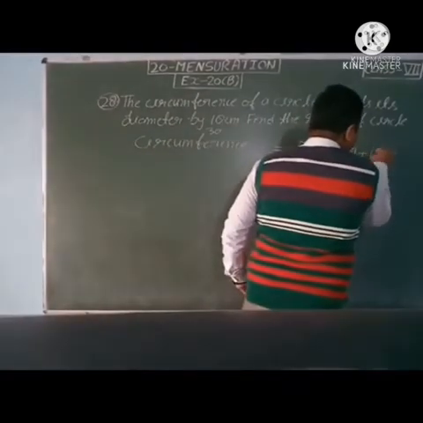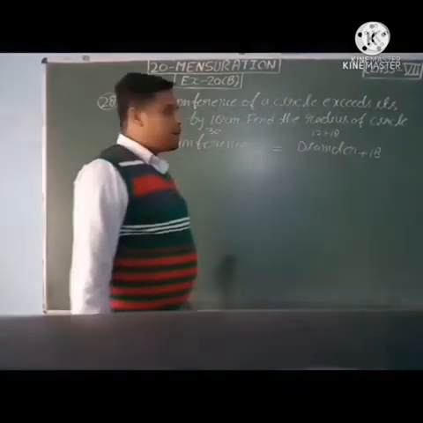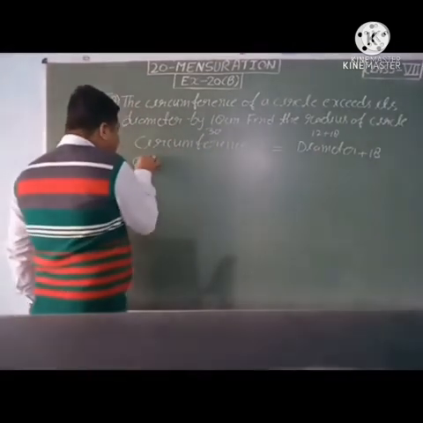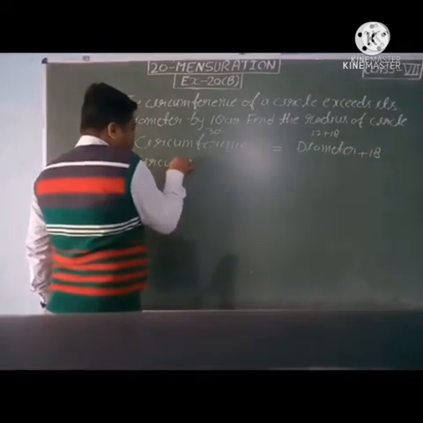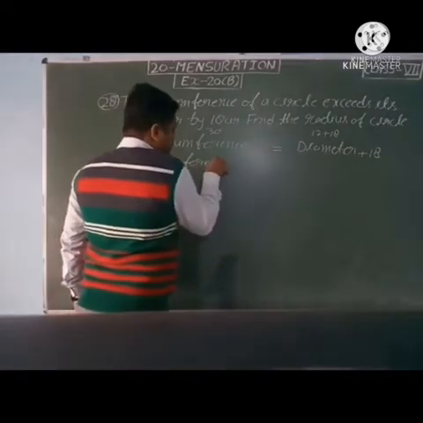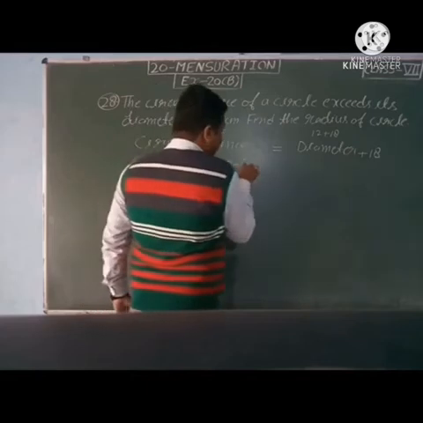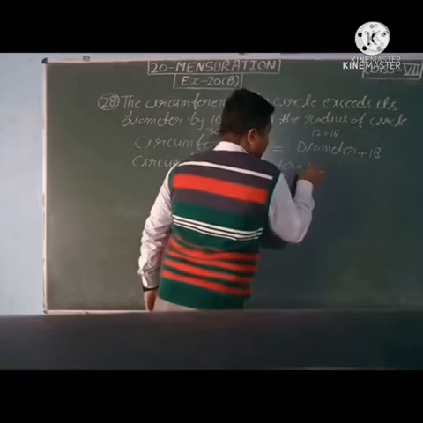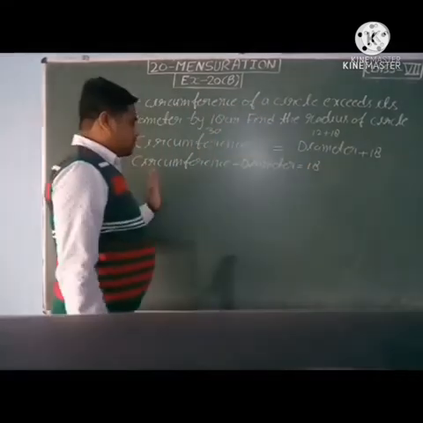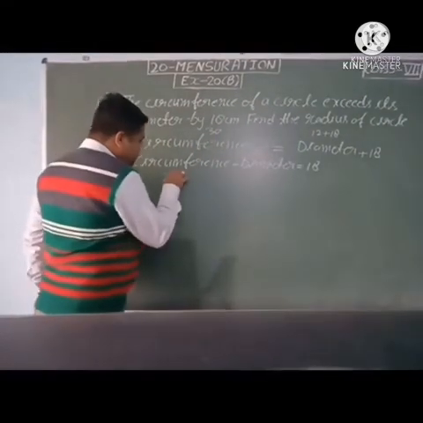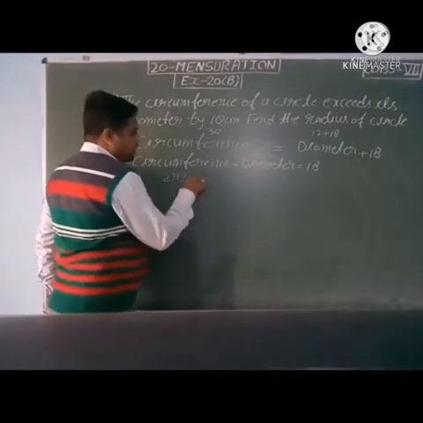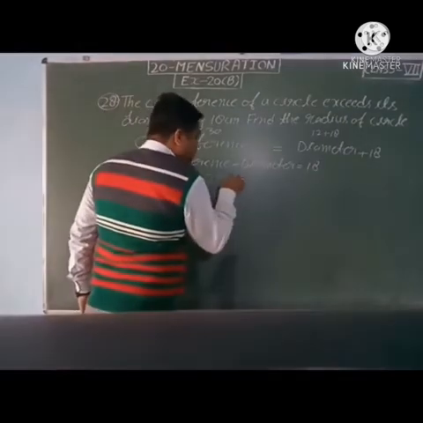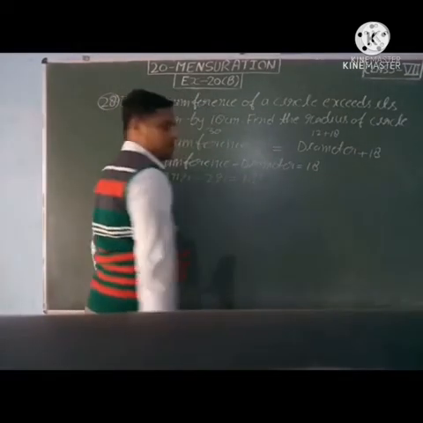Plus 18. Now we can take this diameter to this side. See, circumference minus diameter is equal to 18. Now formula is circumference 2 pi r minus formula of diameter 2r is equal to 18.